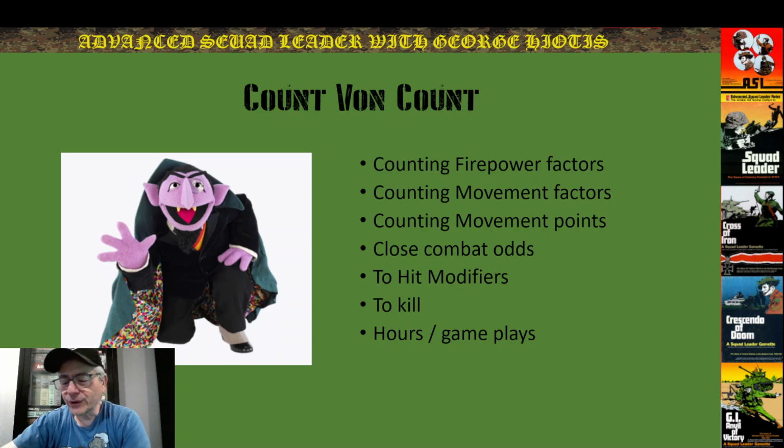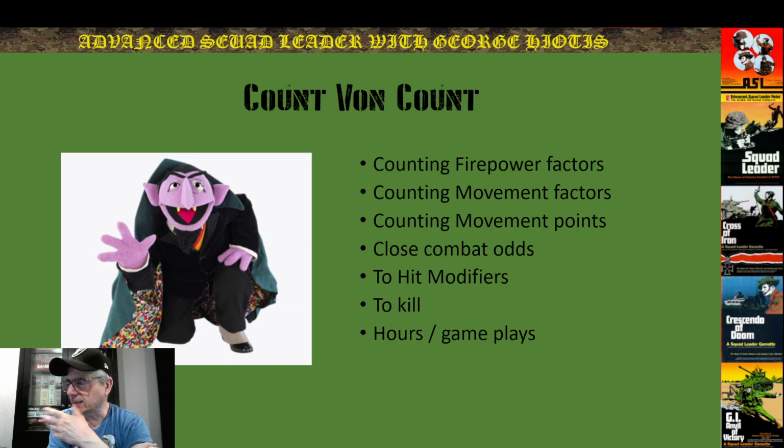Now, before I go any further, let's not forget, some folks actually count the number of games they've played and the number of hours they played the game, or the number of years, and for the old timers, the number of years they've played. Now, I didn't get into Advanced Squad Leader, playing Advanced Squad Leader previously to 2018, 2017, I would say, I don't know, 2019, around there, around post-pandemic time.